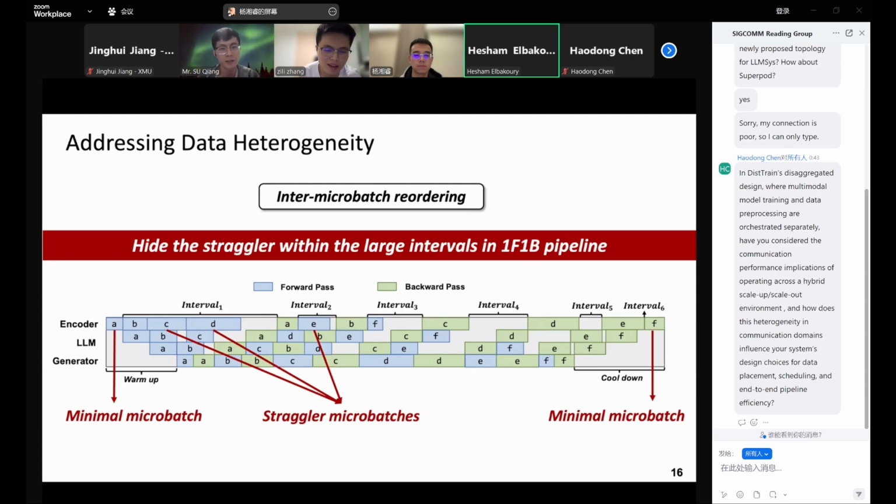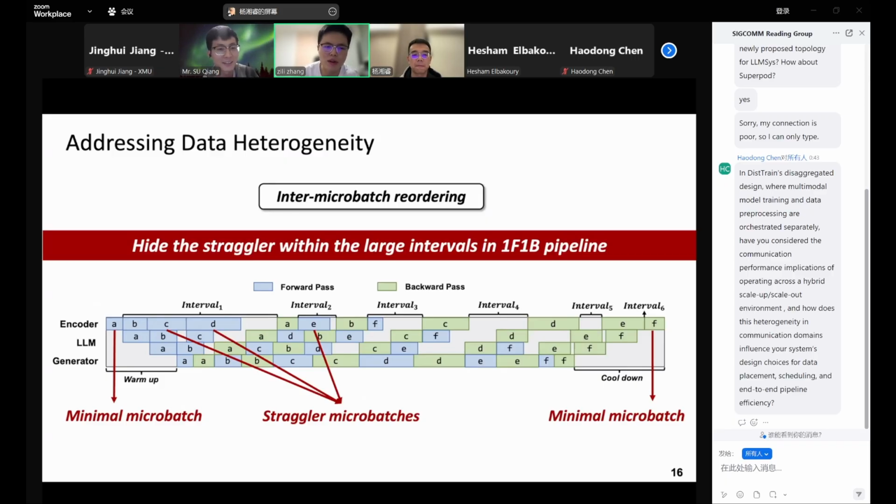But if we consider the data reordering across batches, of course, it will affect the training semantics. Maybe it will not affect the accuracy, but it actually breaks up the training semantics.